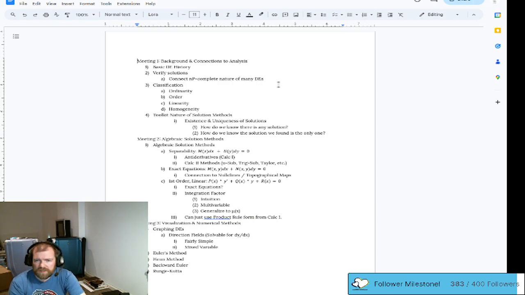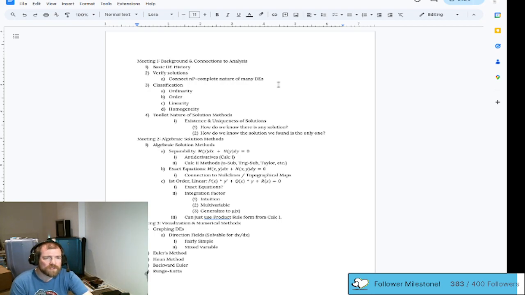So in some cases that is the case. In other cases, it's just literally impossible to find out what function will give me this function as a derivative. So this is our NP complete nature of many of our DEs.